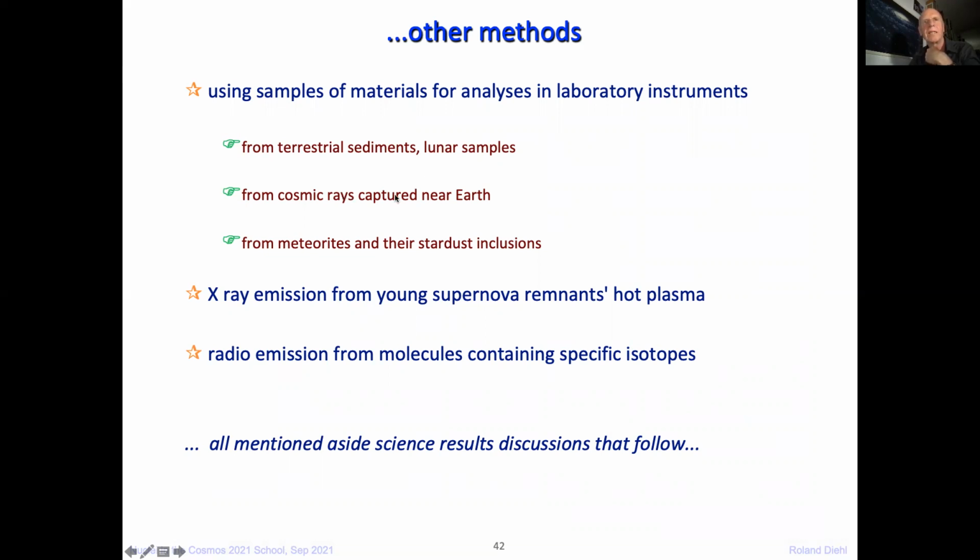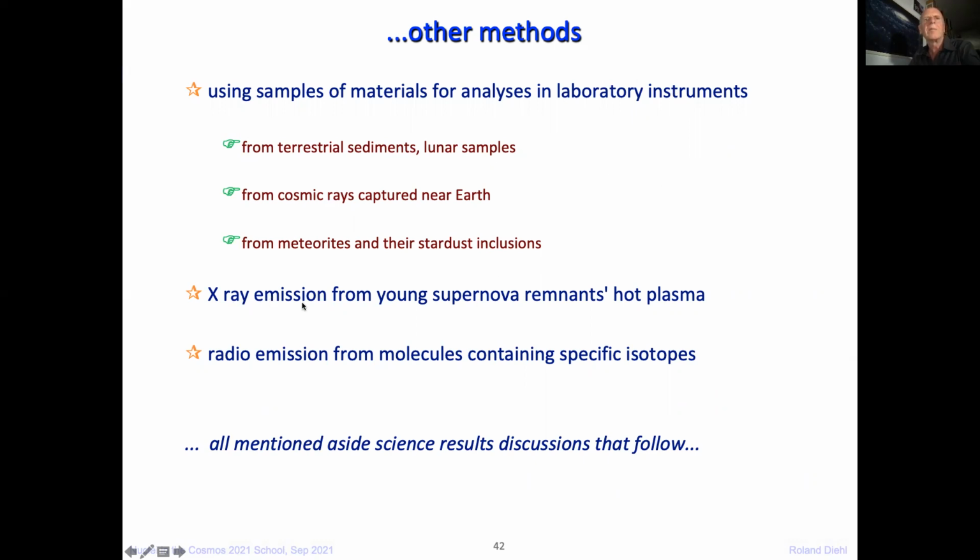Then you can fly those laboratory instruments in near-Earth space, and they can capture cosmic rays and make an in situ analysis of the material that is coming in cosmic rays. And of course, meteorites and their stardust inclusions can be analyzed. But this is all material analysis with laboratory instruments.